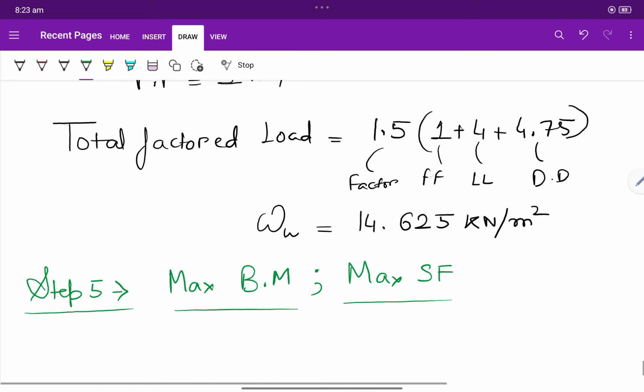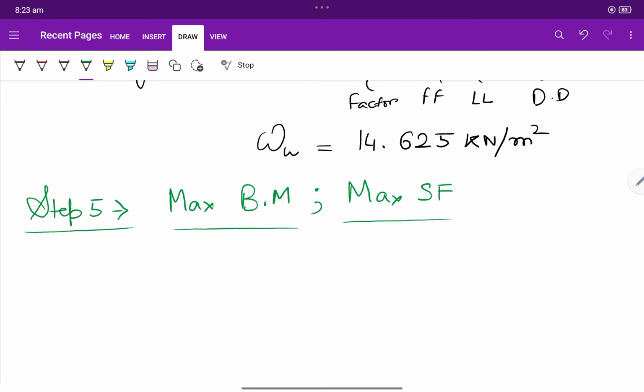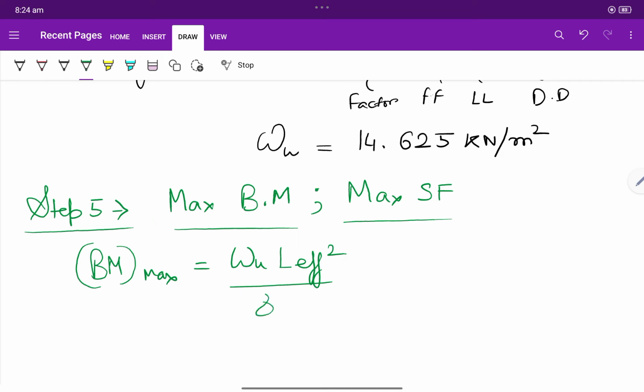Maximum bending moment is equal to W L effective square by 8.